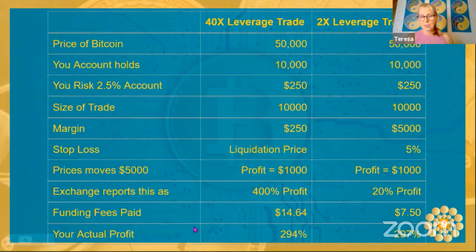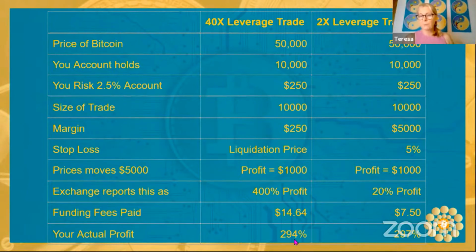So in this case, the actual profit you made relative to the $250 that you risked was 294%. If you just take away the funding fees, this is literally the amount of money you made on the $250, still a nice profit, right?